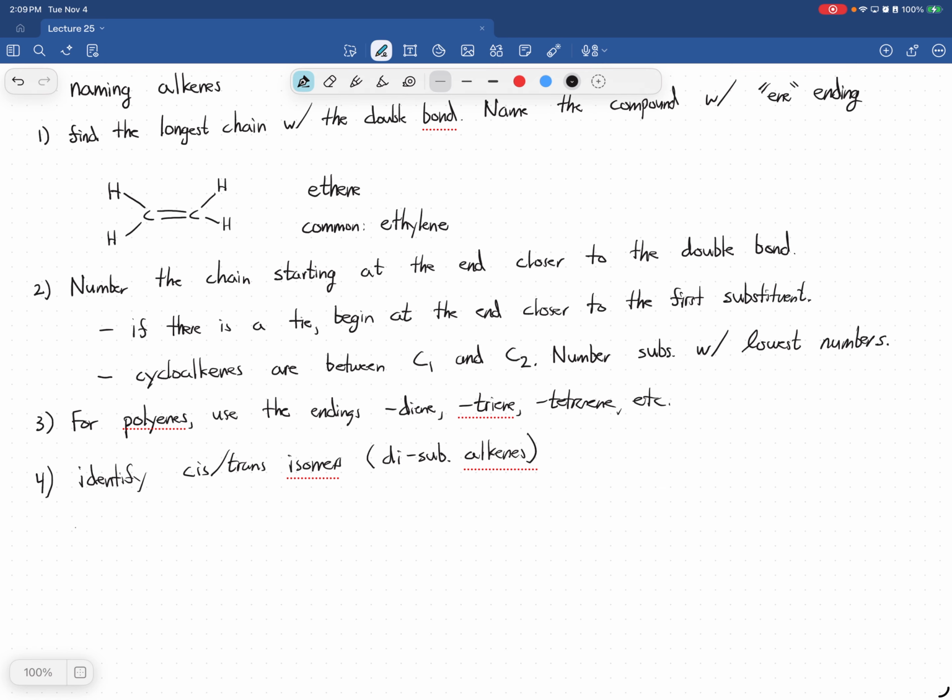For tri-substituted or tetra-substituted alkenes, we have to use a new notation, E/Z notation.